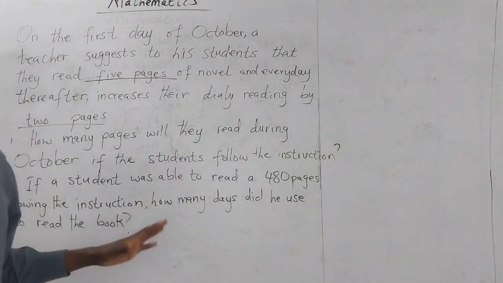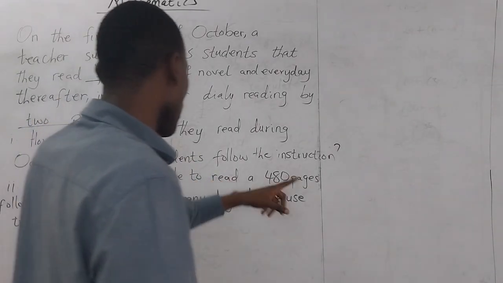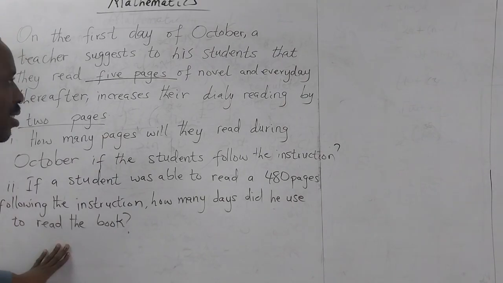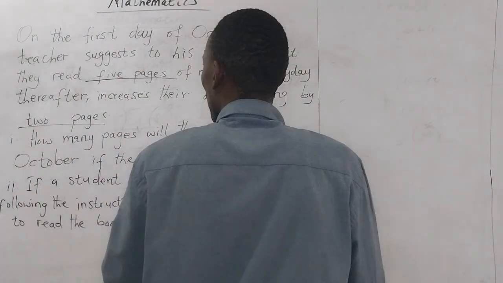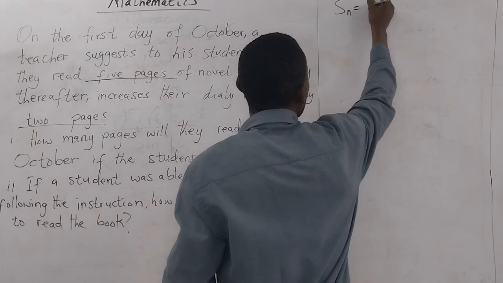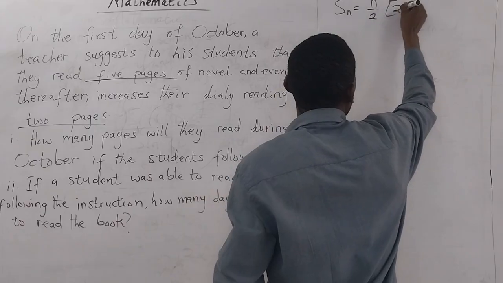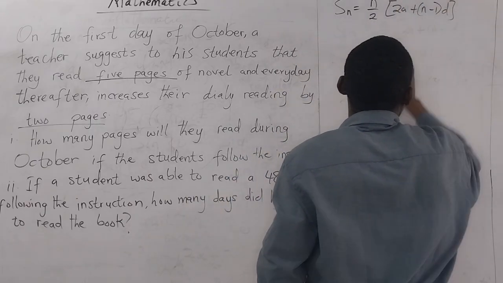Okay, quick one. Let's look at the second part of the question. That is, if a student was able to read 480 pages following the instruction, how many days? That would be n. Is that okay? Yes. So let's do that quickly. We are still using S of n equals n over 2 times 2a plus n minus 1 d.